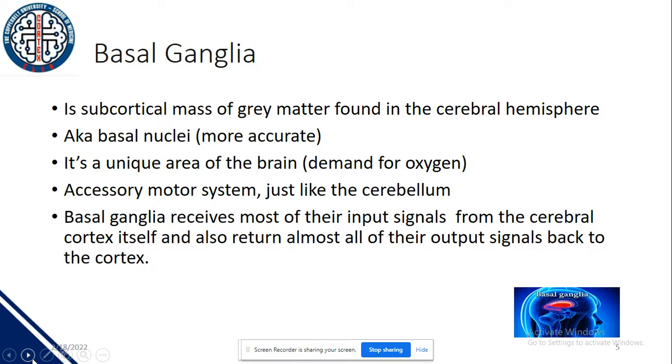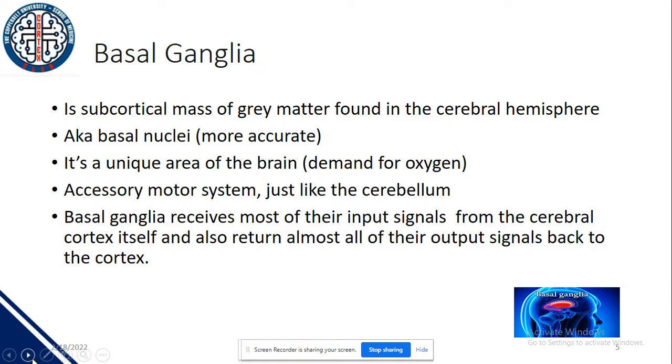Because basal nuclei are those groups of cell bodies of neurons which are located within the central nervous system. So this name is more accurate as compared to the basal ganglia, in a sense that ganglia is outside the central nervous system, but nuclei is within the central nervous system. But in this lecture, we're going to use the term basal ganglia.